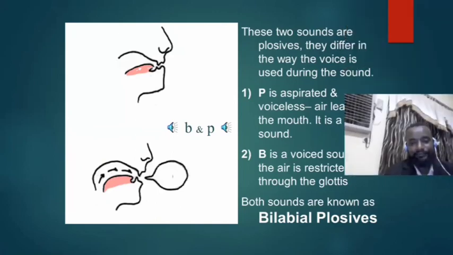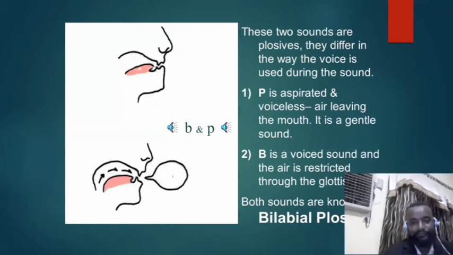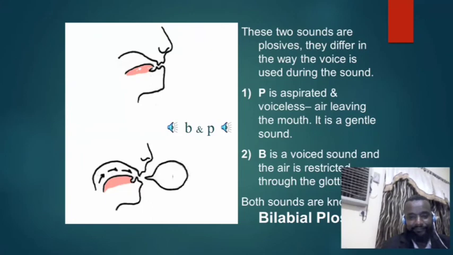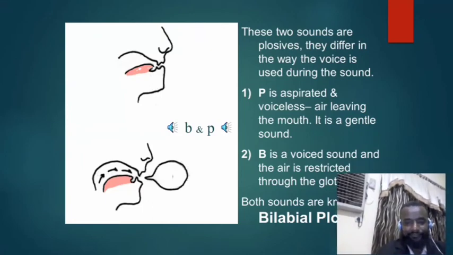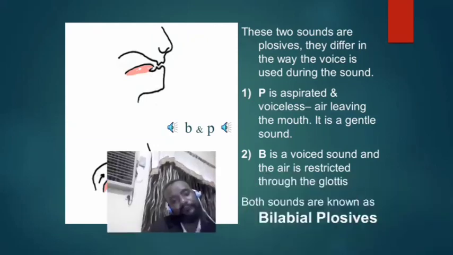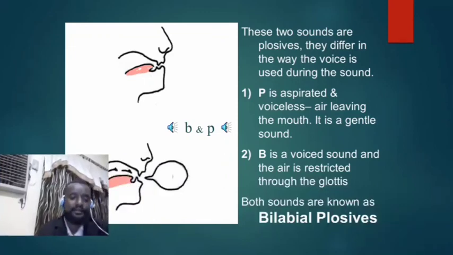Yes, Prof. The difference between P and B: B is voiced, while P is voiceless. While pronouncing P, we have a puff of air, while pronouncing B, the puff of air is lesser.